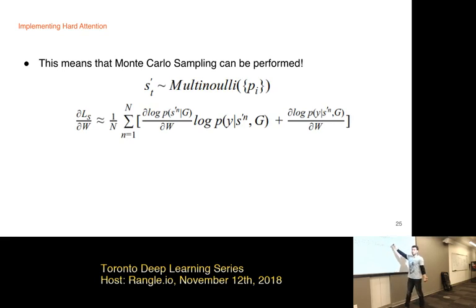We can see that by having these soft attention weights across the grid locations, applying a multinoulli sampling scheme to that produces stochastic sampling, which is pretty much exactly hard attention, which is what you want.